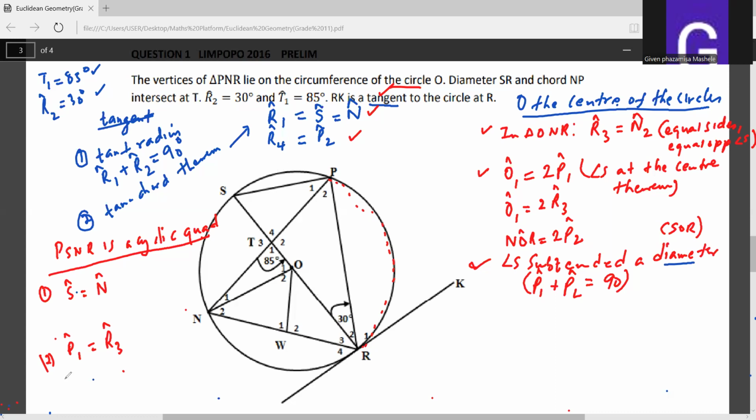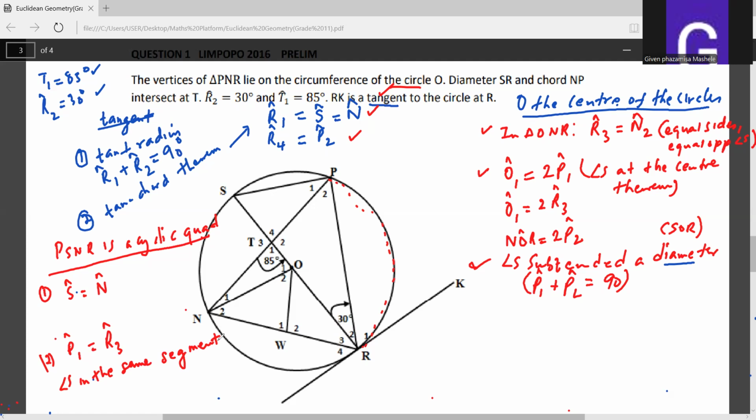Also, the reason is angles in the same segment. So now, since we have analyzed our diagram, remember some of the things you can still calculate by looking at this.